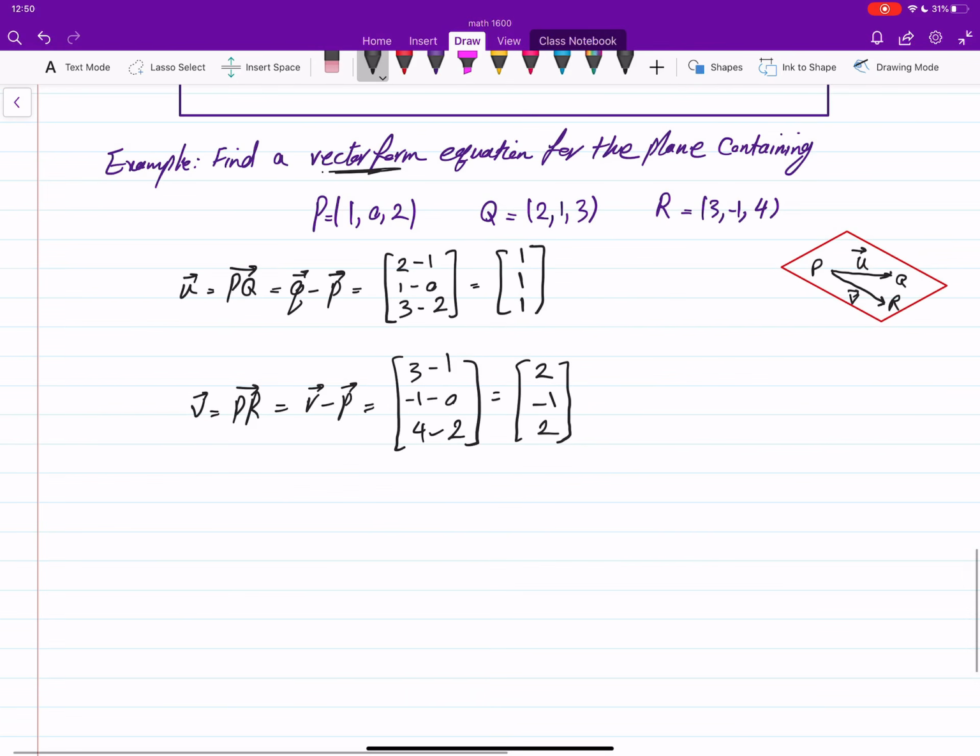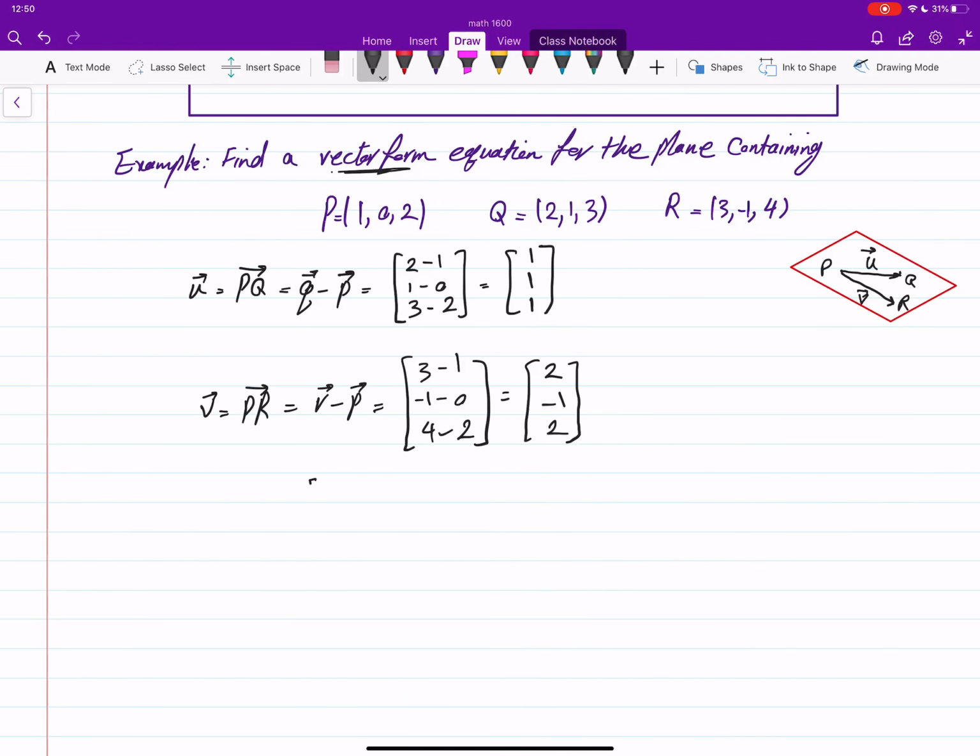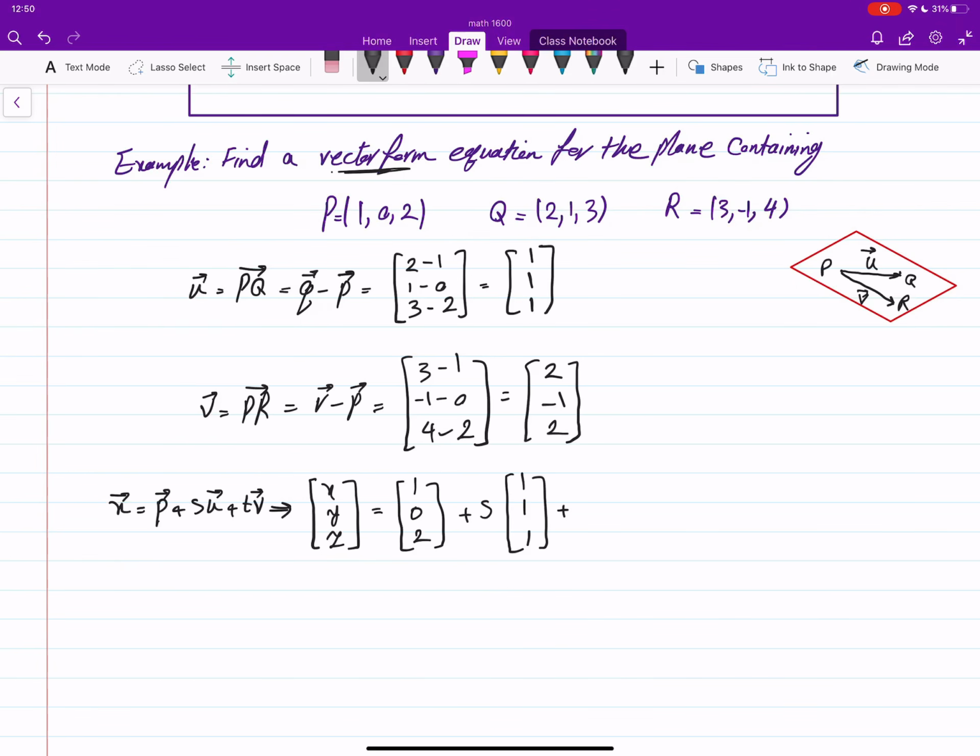Now we have all the vectors, and our equation is going to be X equals P plus SU plus TV. So this is X, Y, Z equals 1, 0, 2 plus S times U, 1, 1, 1, plus T times 2, -1, 2. That's how we write the vector form for the equation.